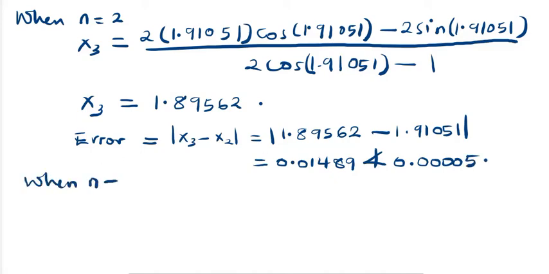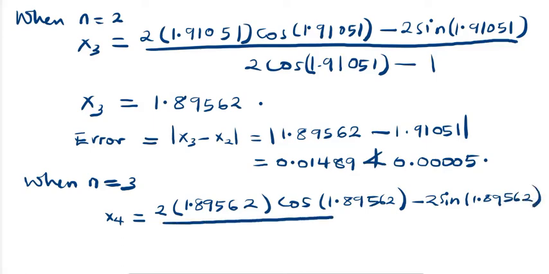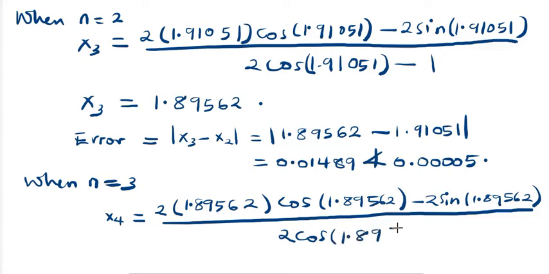When n is equal to 3, that means we are going to get x4, which is equal to 2 times, we are now substituting directly x3, 1.89562 cos 1.89562 minus 2 sine of 1.89562 all over 2 cos of 1.89562 minus 1.